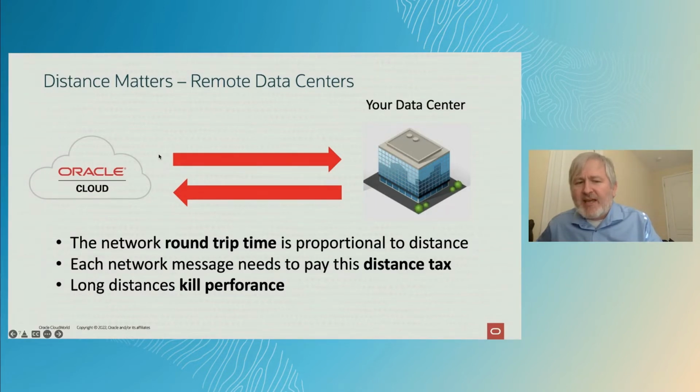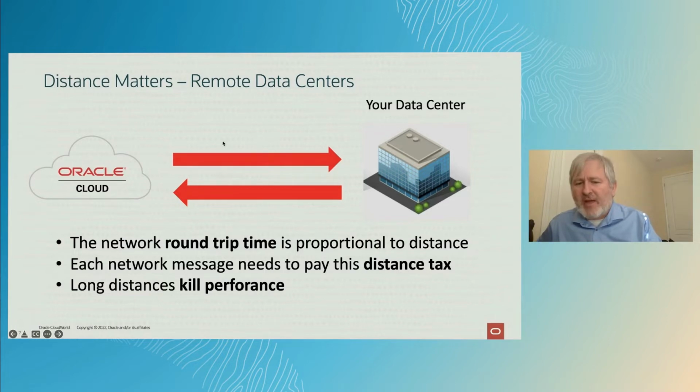With any application, you're sending data over the network. That data is the network messages. You need to send it, do some processing, and get the answer back. So all of those round trips, all those extra hops take time. The further apart the different endpoints are, the longer it's going to take.